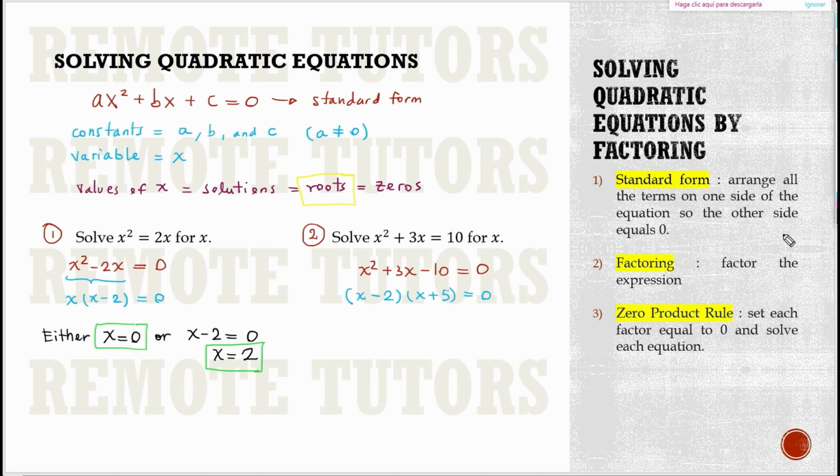And at last, we apply the zero product rule, so either x minus 2 is 0 or x plus 5 gives 0, so the two possible values of x are positive 2 or negative 5.